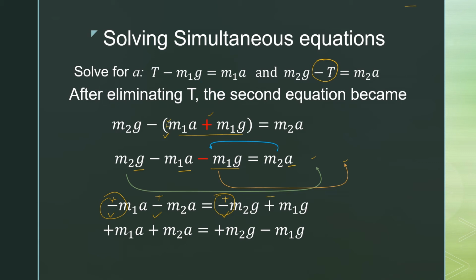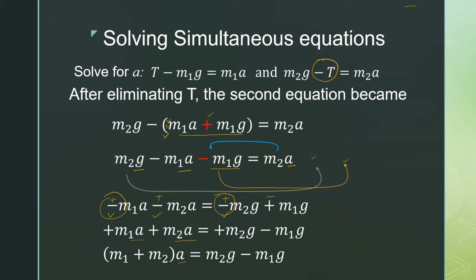In this case, again, we are trying to solve for A, and A is here, A is here. That means we need to factor A from this side so that we can isolate it and move the M1 and M2 to the other side. So that's how I'm doing here.